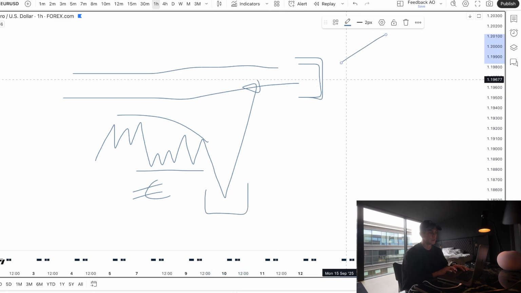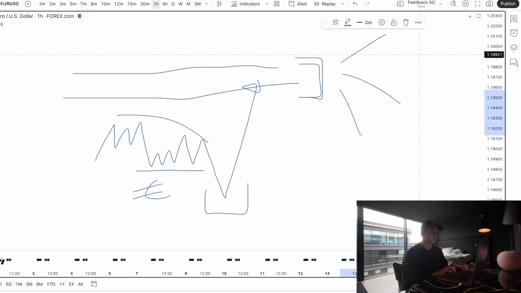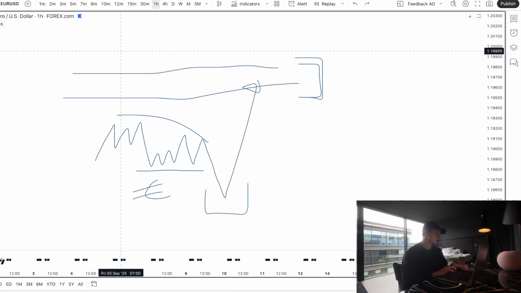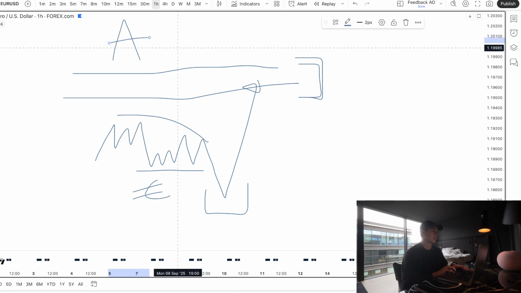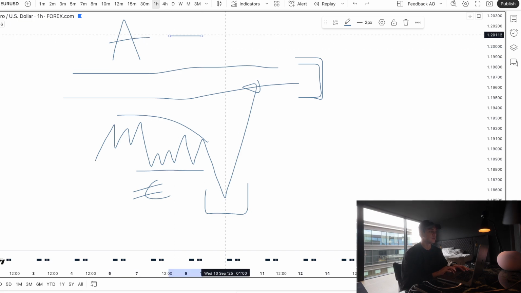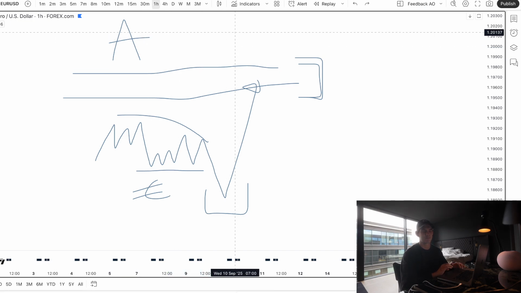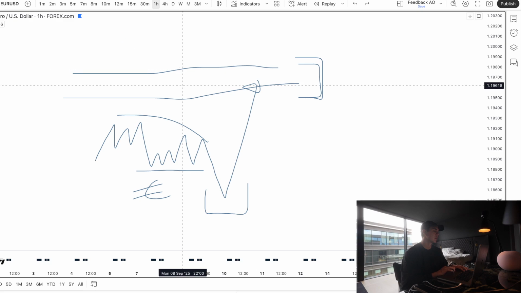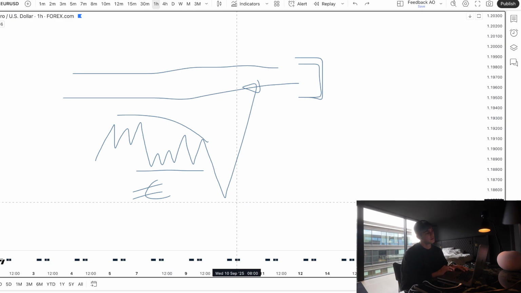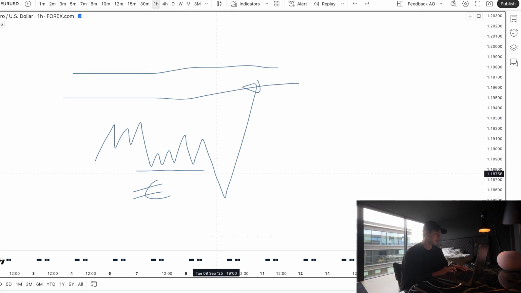Again, so we have different arrays that are going to be nicer. In this case, imbalances, open imbalances are going to be super nice. BPRs are going to be super nice as targets, right? This is also up in the A levels, A minus to A normal, just A. So to simplify this one, this is where we run liquidity on highs and lows and trade into an array.